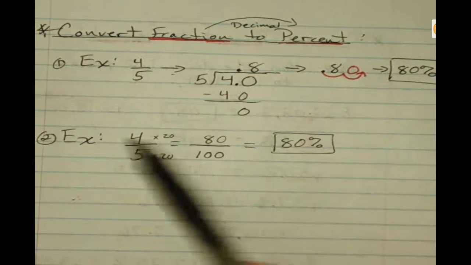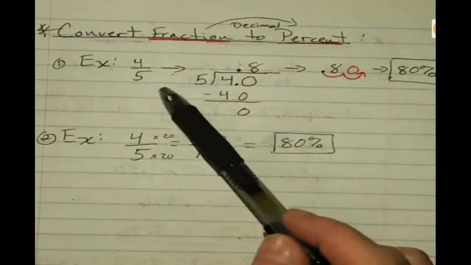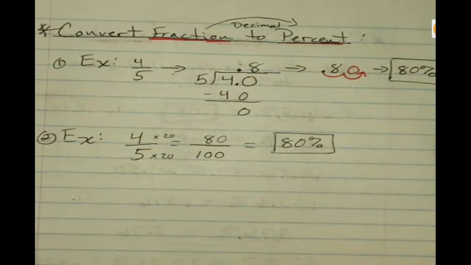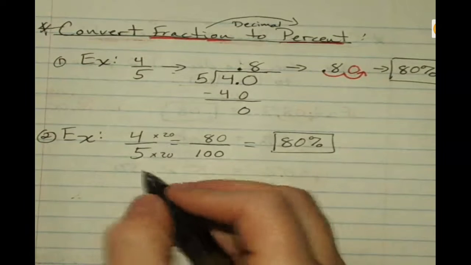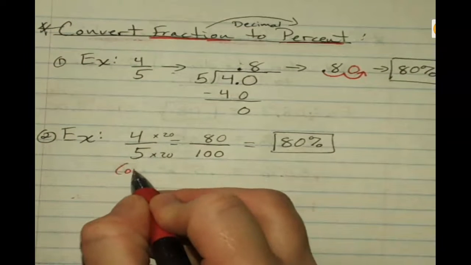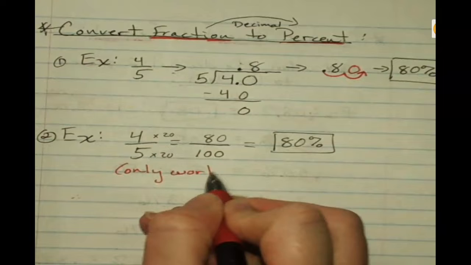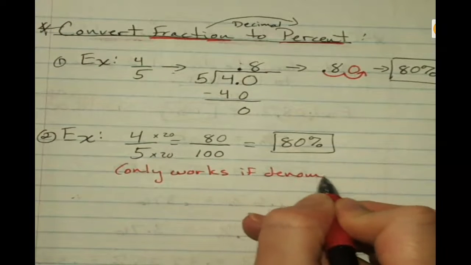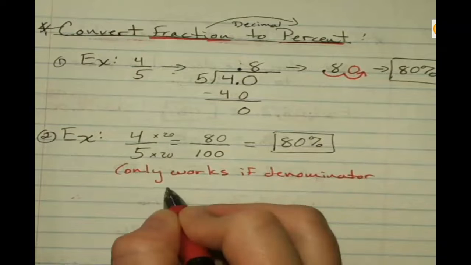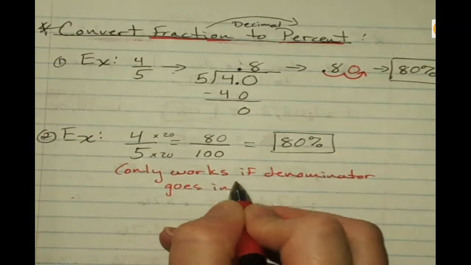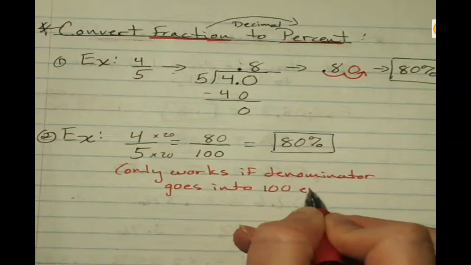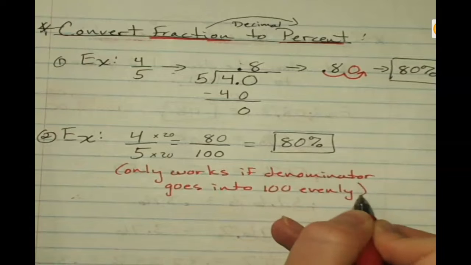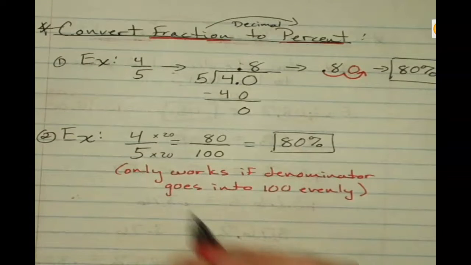Or if you're like, I just like this right here, I'm just going to divide and then change. It's up to you. The option is yours. But this only works if the denominator goes into 100 evenly. Okay, because that's kind of important.